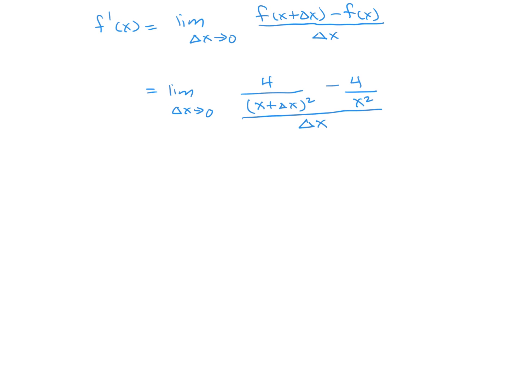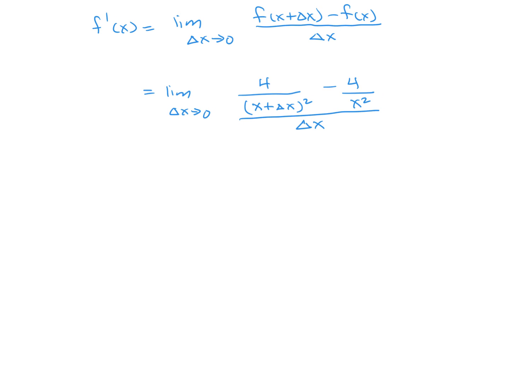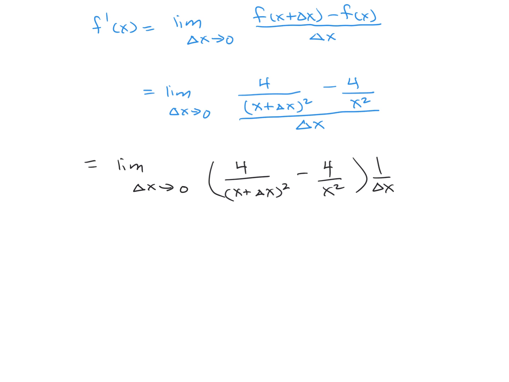So in doing so, we're going to go ahead and multiply by the reciprocal of delta x. So this is the limit as delta x goes to 0 of our 4 over x plus delta x squared, and now multiply that by a 1 over delta x.